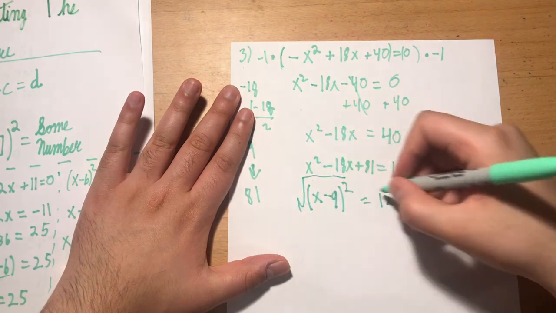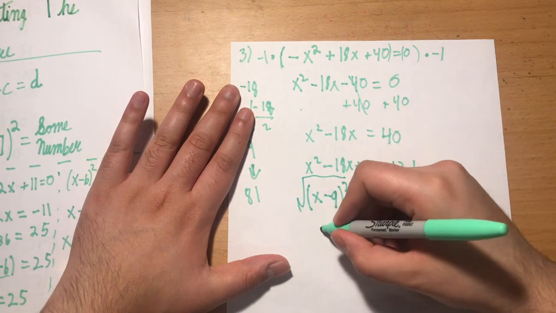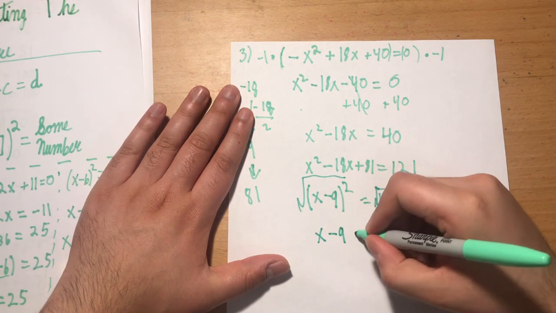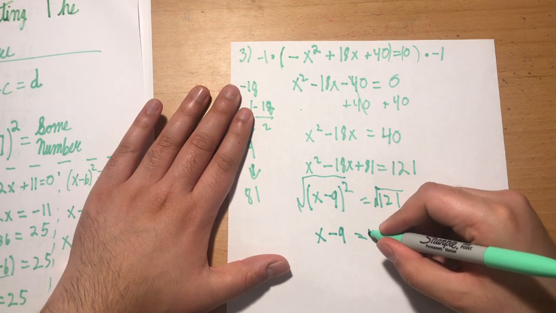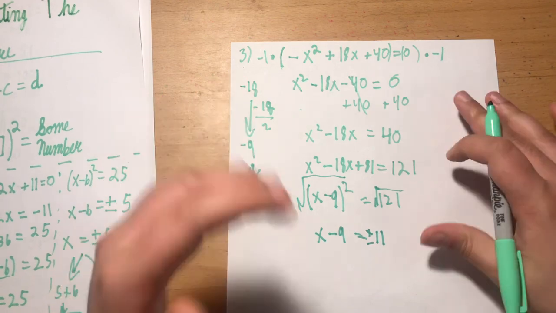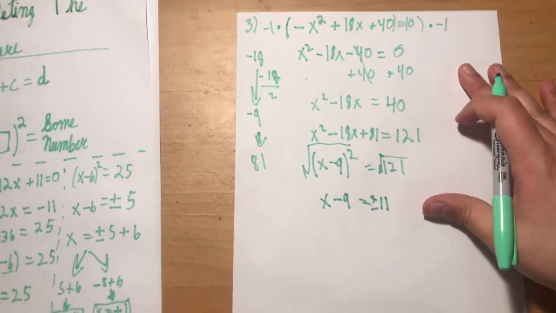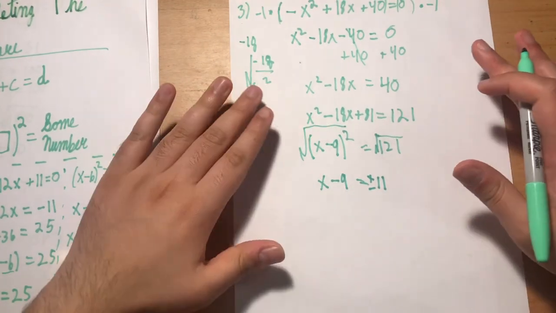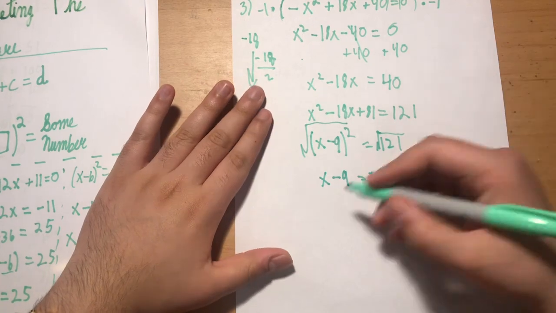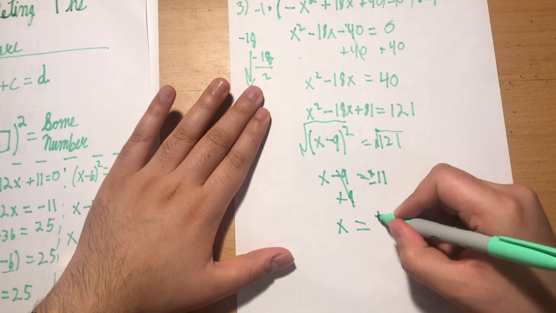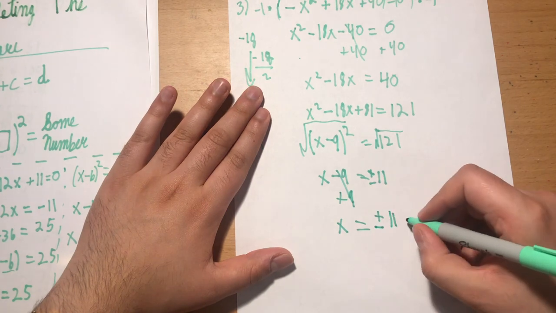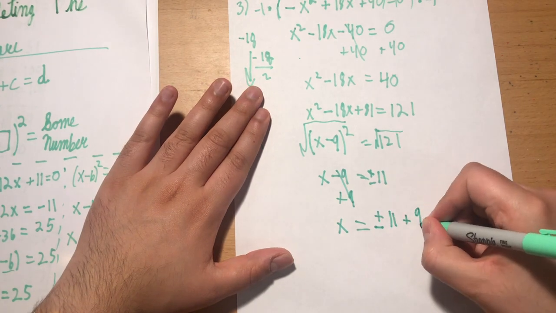So square root both sides, we get x minus 9 is equal to square root of 121 is 11, plus or minus. And then from here we can bring the 9 over, plus 9, that cancels, and we get x equals plus or minus 11 plus 9.